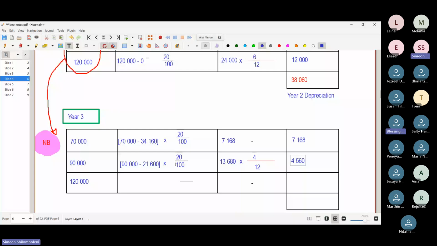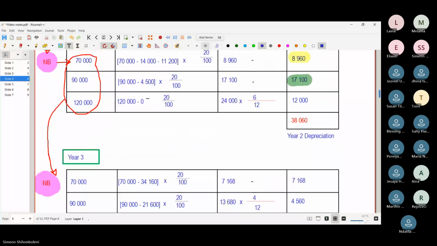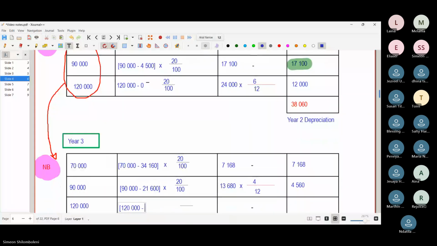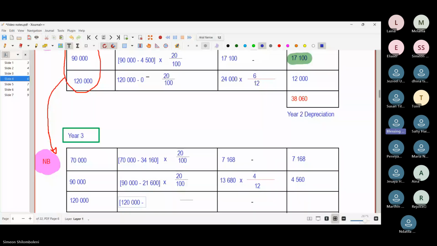Last asset, the cost price minus 12,000 minus. Just 12,000, sir.